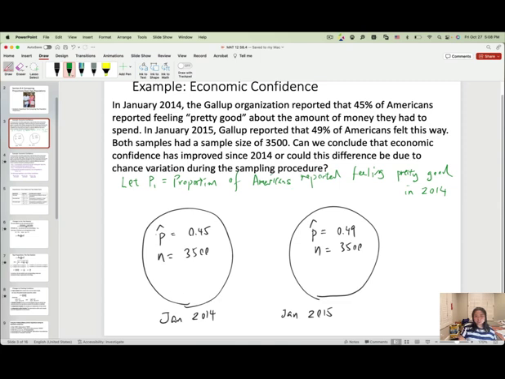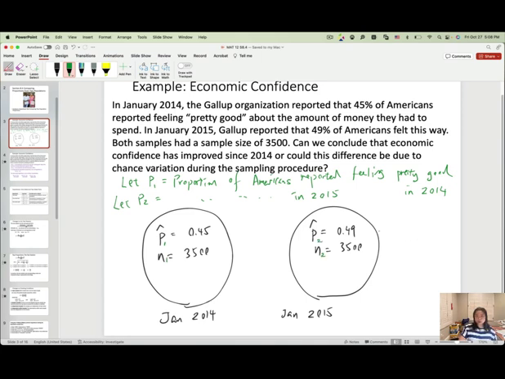And for these populations, I'm going to call the sample proportion p̂1, and this is going to be your n1 in here. Then we're going to let p2, same thing here, be in 2015. So I'm going to put sample p̂2 here and n2 here.